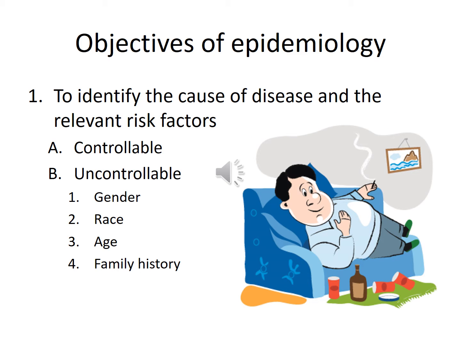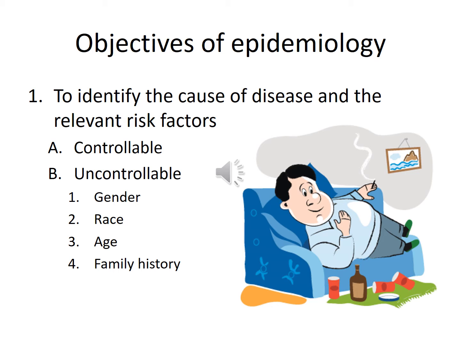The first objective of epidemiology is to identify the cause of disease and the relevant risk factors. And so really trying to understand why do some people get sick and other people don't. We can identify risk factors in two different categories, controllable and uncontrollable risk factors. The uncontrollable risk factors are ones that, obviously based on the name, we have no control over. Things such as gender, or race, or age, family history, genetics, that we can't change these things.